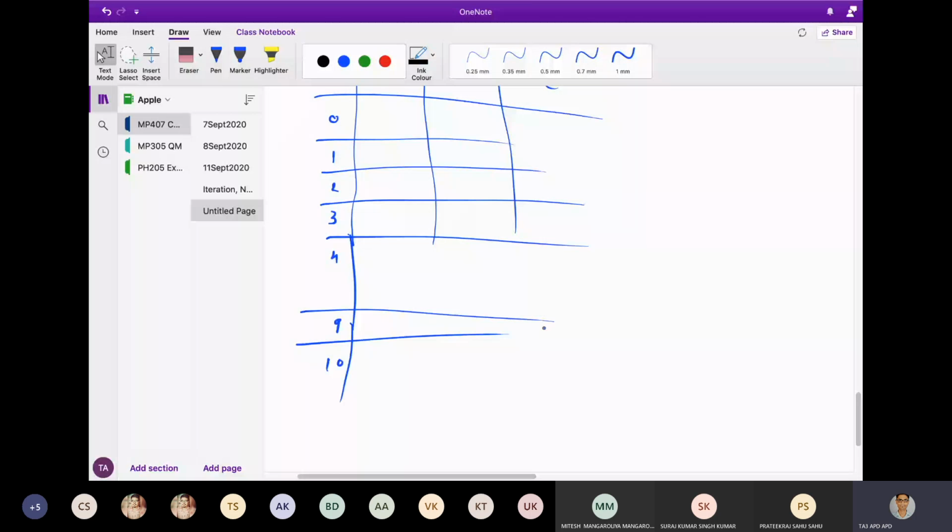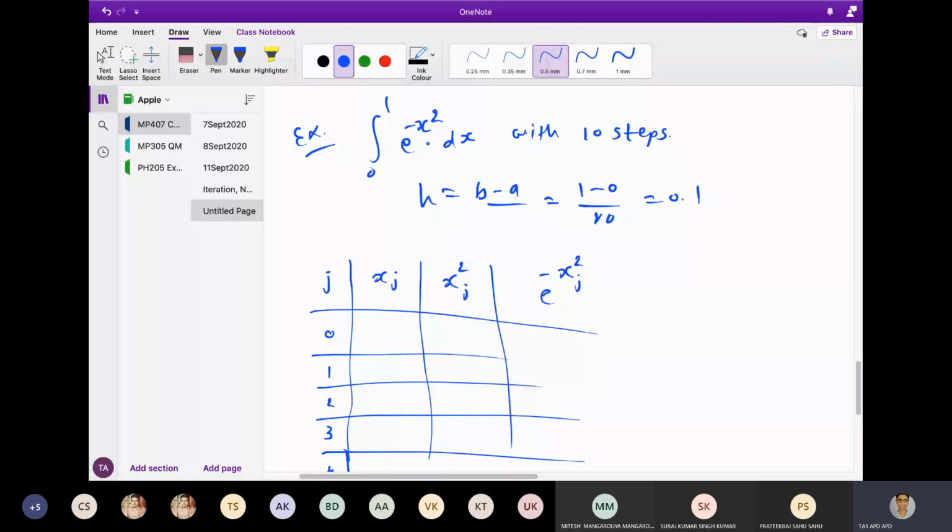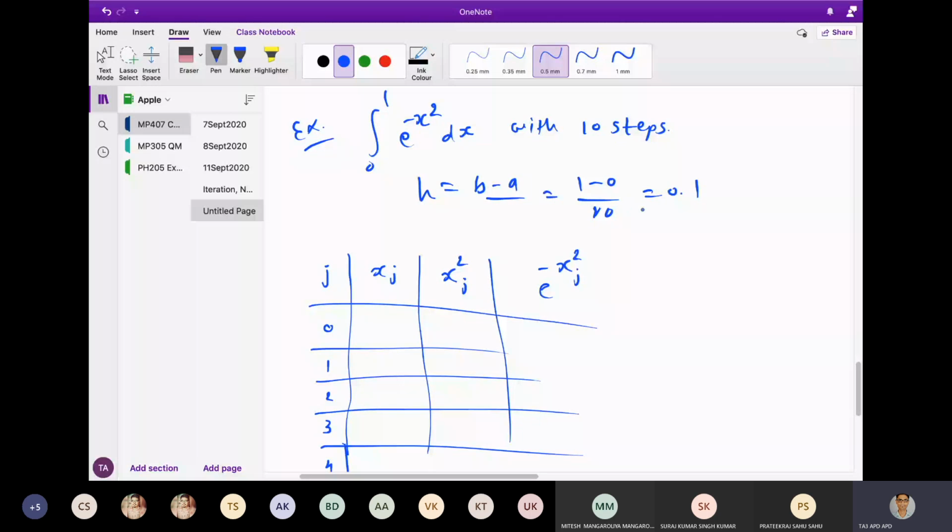This is going to be the same anyway. The step h is equal to 0.1. So x is divided in steps of 0.1.